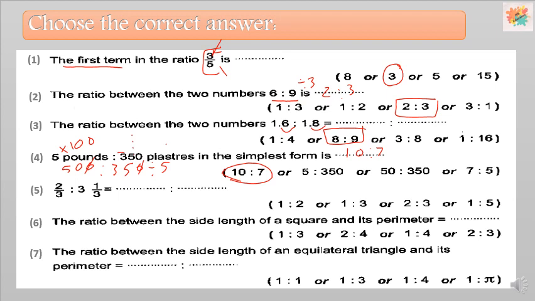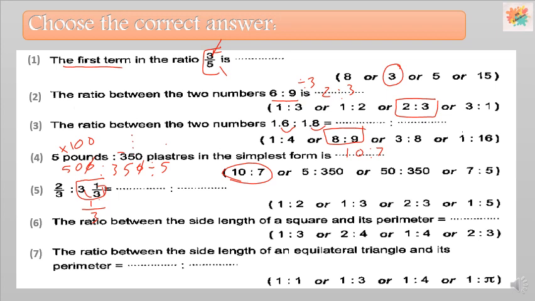Number 5. 2 over 3 to 3 and a third equals what? First thing, my dears, we keep the fraction as it is and fix the mixed number and make it a fraction. How, Mr.? We used to multiply and add. So write this 3 down, and 3 times 3 is 9 plus 1 it's 10.